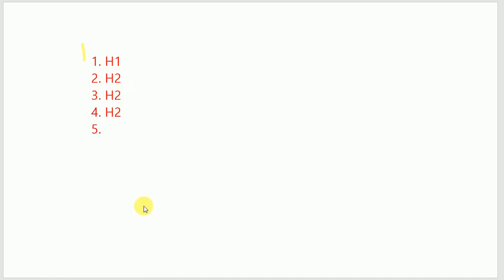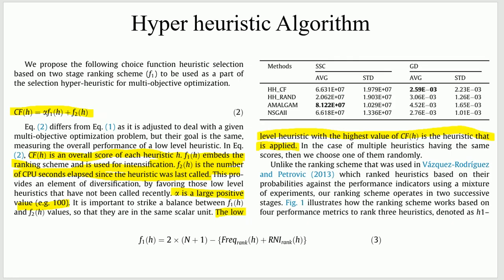So this function f2h considers this elapsed time, and if the elapsed time is long, the function tries to bring the unused heuristic in the next iteration, and thus it uses diverse heuristics in each of the iterations. And this is how we can calculate the value of a choice function.